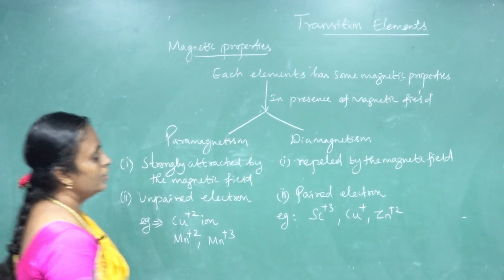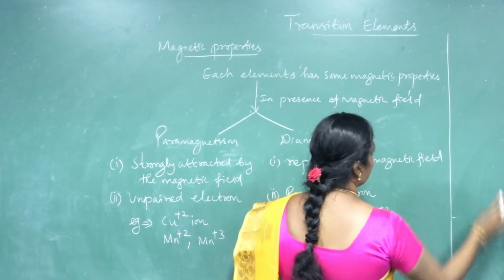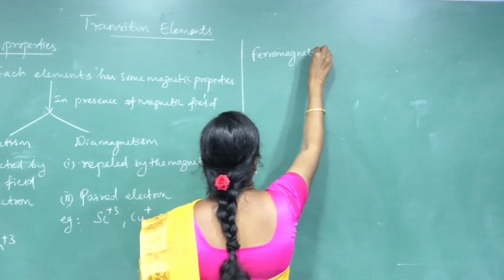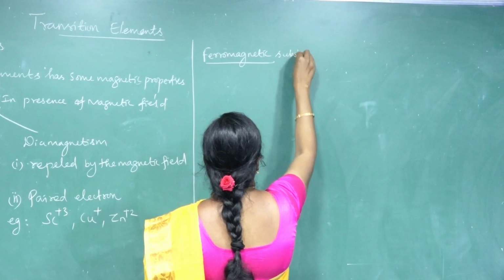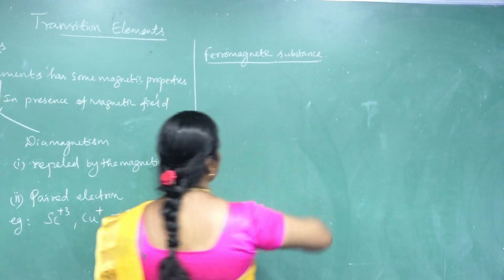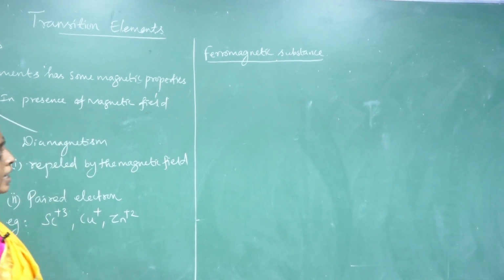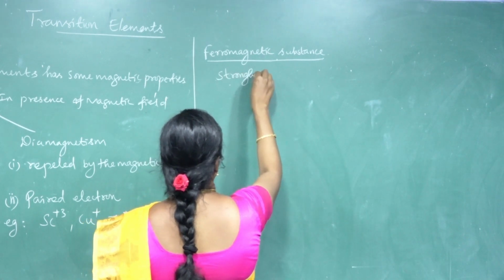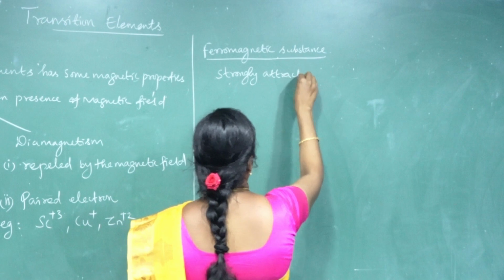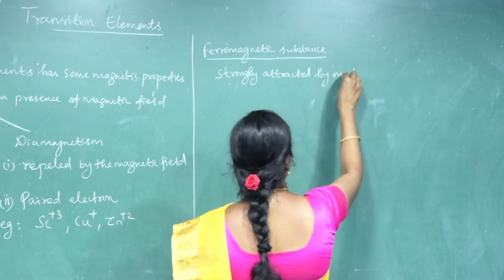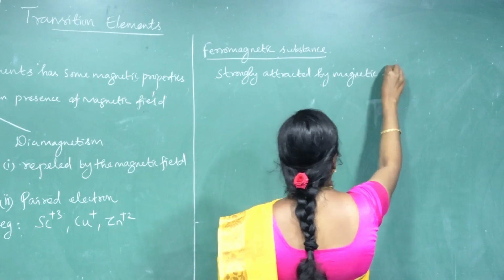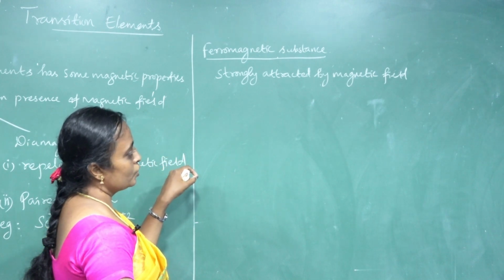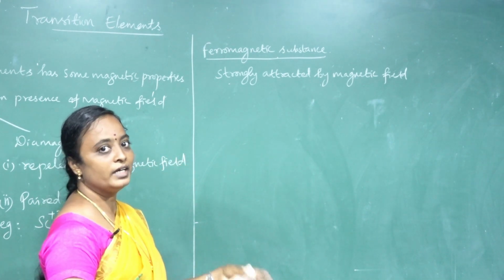In addition to that, one more property is ferromagnetism. What are ferromagnetic substances? These substances are strongly attracted by the magnetic field compared with paramagnetic substances. And one more thing, this magnetic behavior should be retained even after the field is removed.